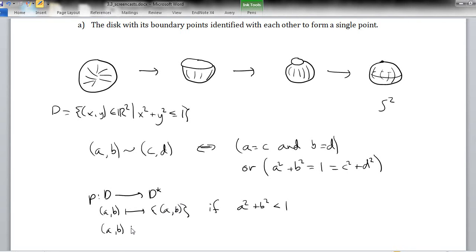But if A squared plus B squared equals 1, so that the point is on the boundary of this disk, then we're going to get the boundary as the equivalence class. The easiest way to write that is just S1, meaning the set of all points (A, B) such that A squared plus B squared equals 1. That's going to happen for any point on the boundary. So here's the equivalence relation, here's the quotient map, and this D star is the partition.